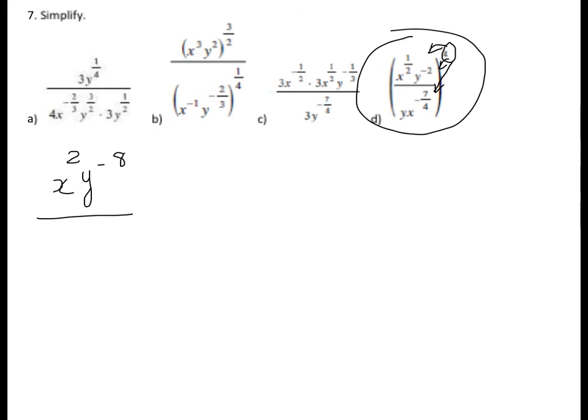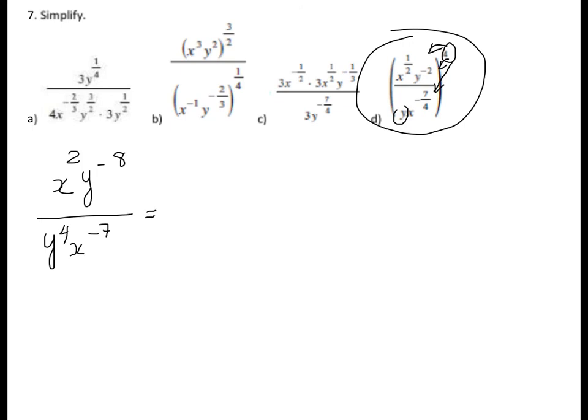So you get y exponent 4. Because you have y here, exponent is 1. 1 times 4 gives you 4. And x exponent negative 7 over 4 is going to give you x exponent negative 7.